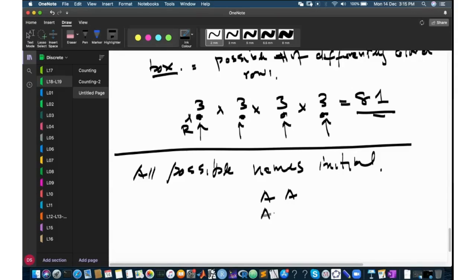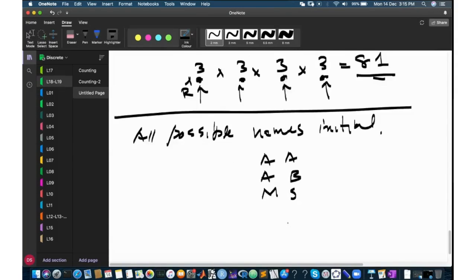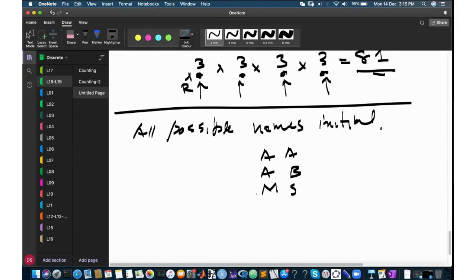Someone could have AB and so on. Mine is MS. So these are all possible combinations of initials that one could have. For the first name there are 26 options. For the last name there are 26 options. So the size of this set would be 26 into 26. The number of possible initials of names is 26 into 26.